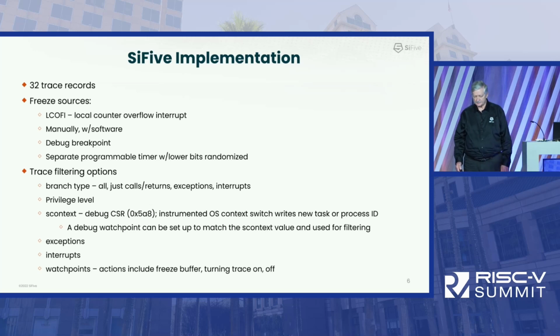Another is S-context, a debug register that was included so that when an operating system is instrumented, it writes to this register on context switches, for example the new process ID in Linux. Then a debug watchpoint can be set up to match on that value and qualify just on that process. Exceptions and interrupts can be filtered in or out, and watchpoints can also be used to turn trace on and off, so you might measure just a subset based on executed addresses.